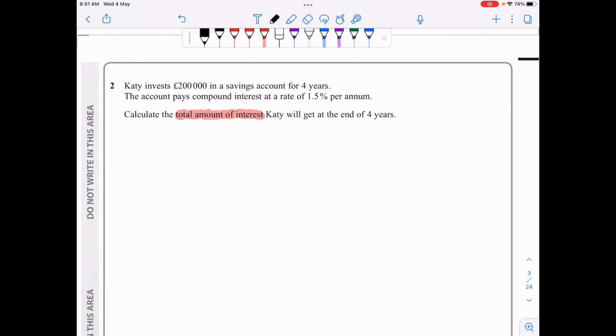Now, we've got an initial amount of 200,000, which increases by 1.5% per year. The multiplying factor associated with this percentage increase is 1.015. And I have to raise this to the power of 4 because this will happen for 4 consecutive years.